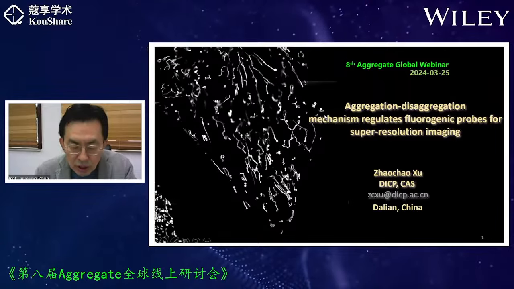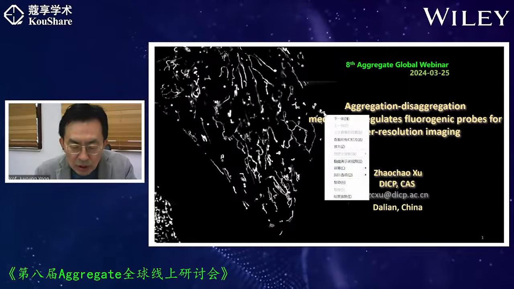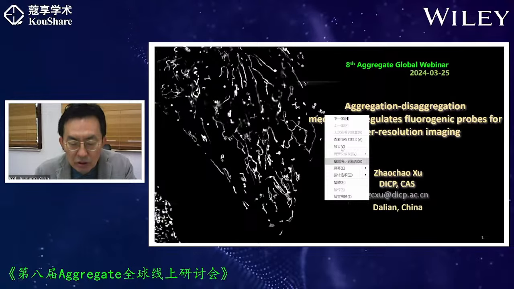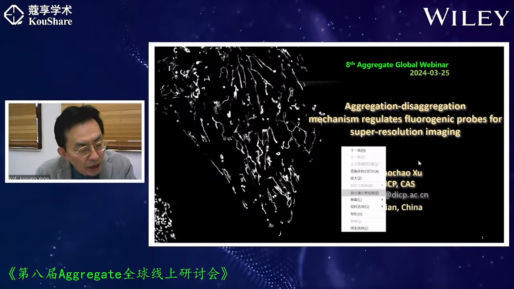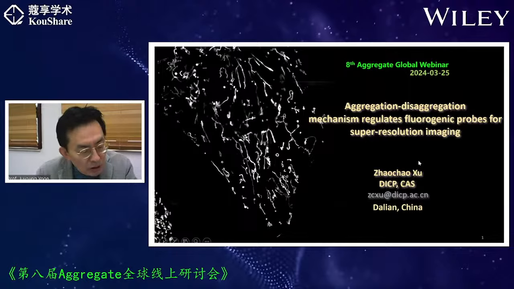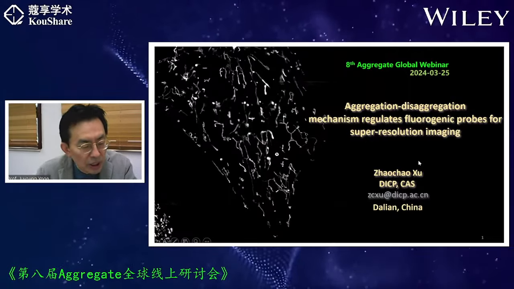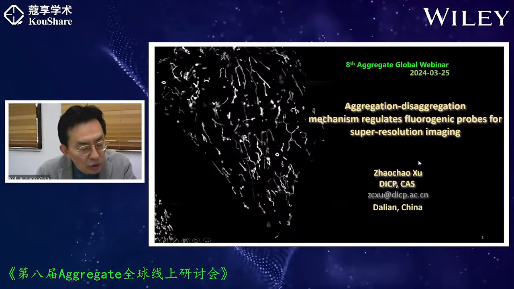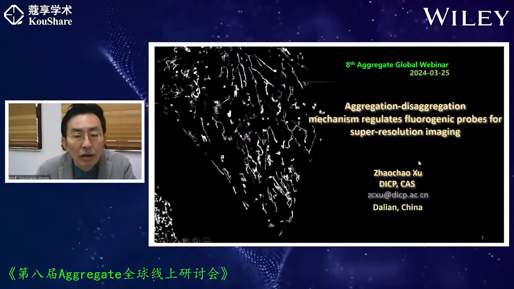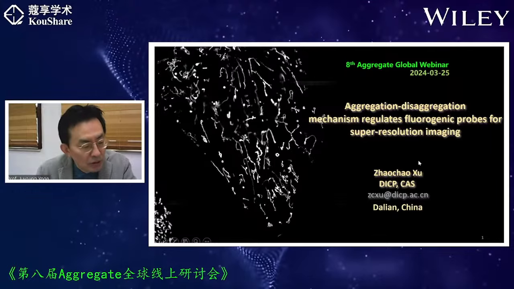He then moved to Dalian Institute of Chemical Physics, CAS, where he is currently a professor. His talk is titled Aggregation Disaggregation Mechanism Regulates Fluorogenic Probes for Super Resolution Imaging. Please join me in welcoming Professor Zhao Chao-Chi.